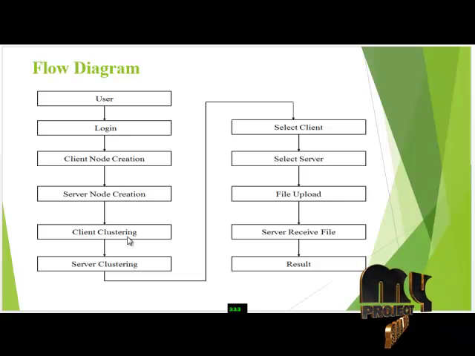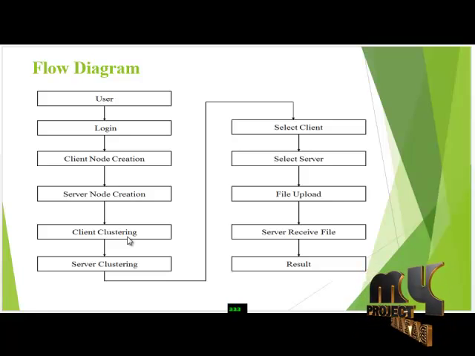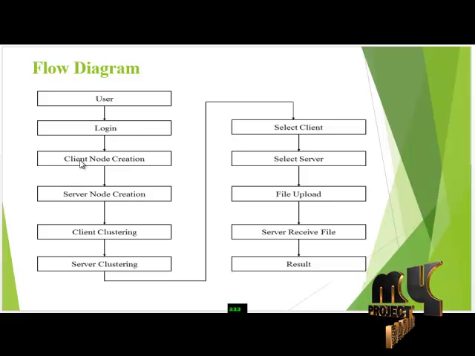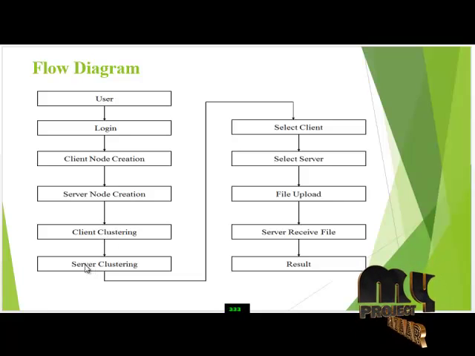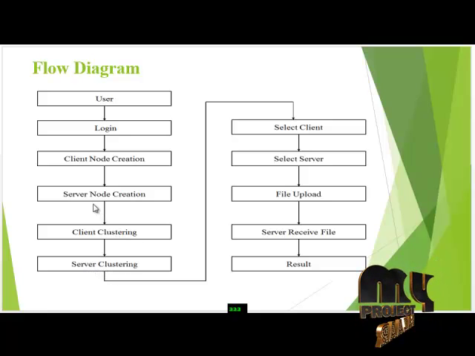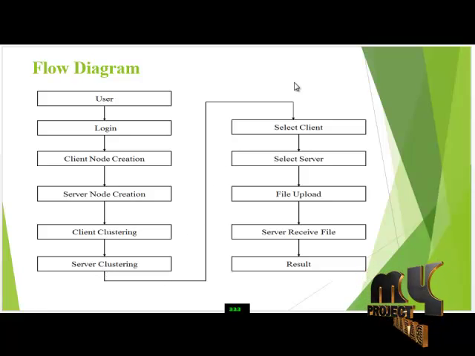Clustering is a collection of objects which are similar to each other and dissimilar to the objects belonging to other clusters. Here we cluster the clients by size, and next we go to server clustering. Server clustering is the same process as client clustering. Here server nodes are separated by size.